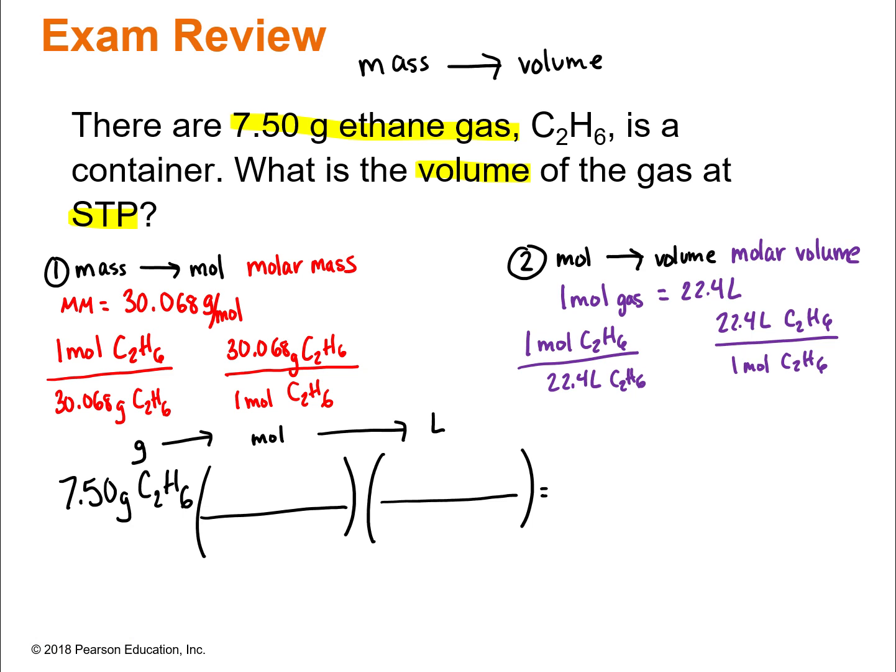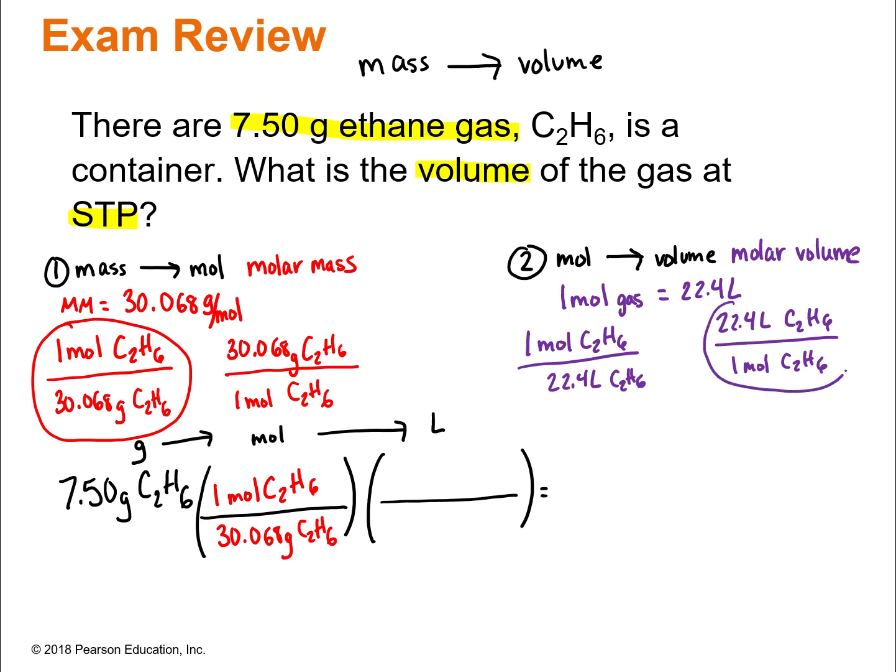We're starting with grams in the numerator. To get rid of that and end up with moles, we've got to put grams in the denominator. Then we have to get rid of moles and be left with liters.